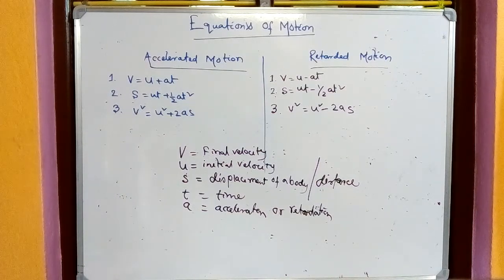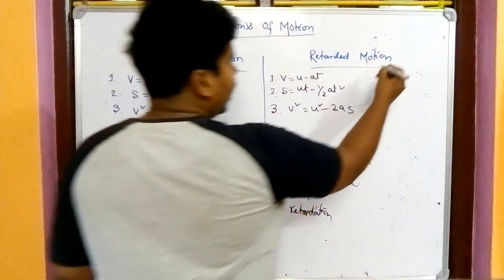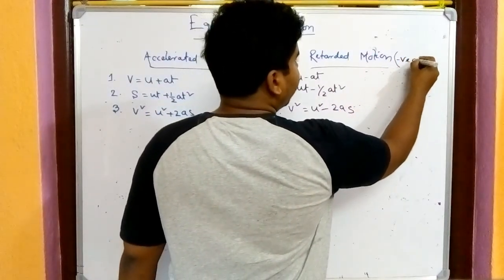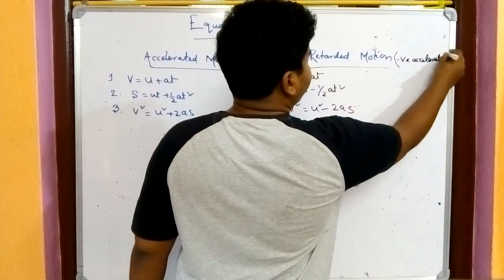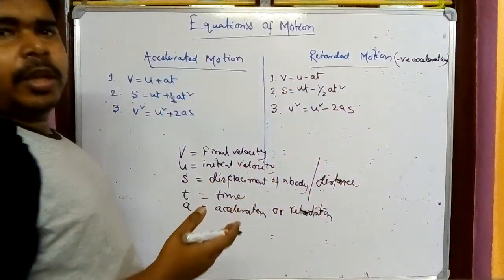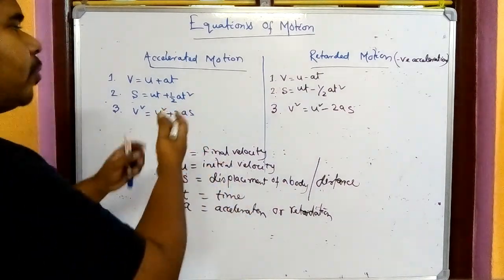Retardation is also the rate of change of velocity when the velocity is decreased, or in other words it is known as negative acceleration. So as it is negative acceleration, instead of a we have to take minus a.